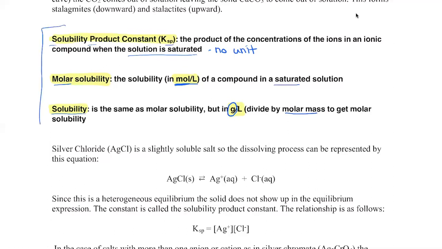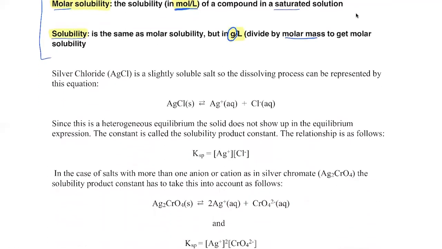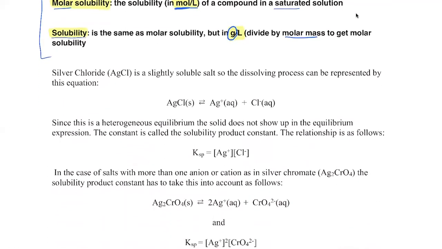Those are 3 terms that you should know the difference between and how to calculate, or if they're given to you, we'll do some example questions of that. For a slightly soluble salt, we're going to look at the example silver chloride. Here we've got solid silver chloride, and a very small amount of it will dissociate or dissolve in water to form ions, silver ions and chloride ions.